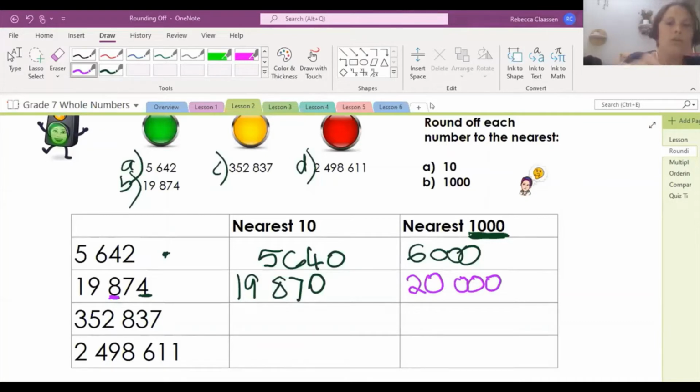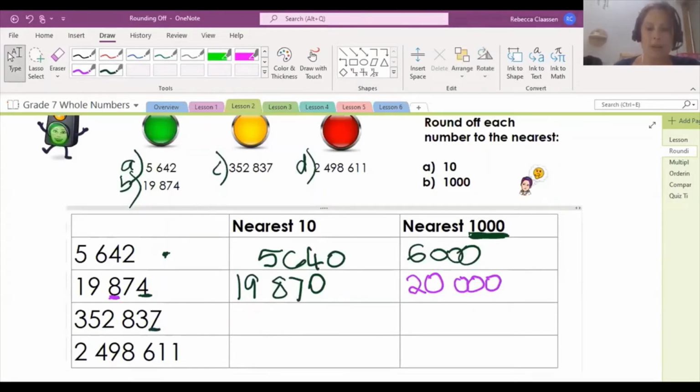So we're rounding off to the nearest 10. Okay, so we're going to be looking at the units column. And what is that rounded off to the nearest 10, Jaden? Okay, that's absolutely not a problem, Jaden.